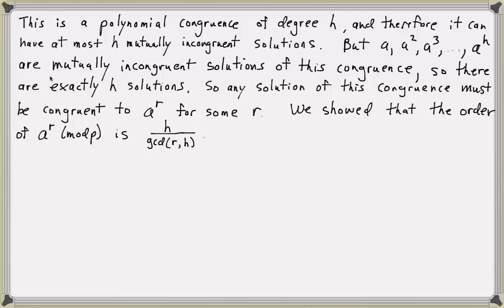So when is it possible for the order of a to the r to equal h? Well, that's only true exactly when the denominator, the greatest common divisor of r and h, equals 1.